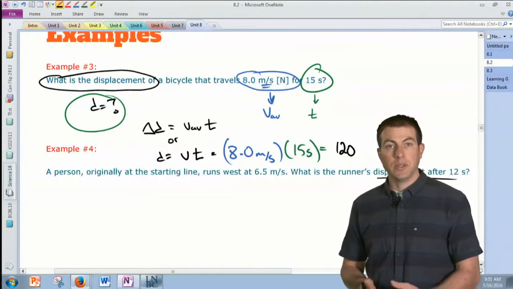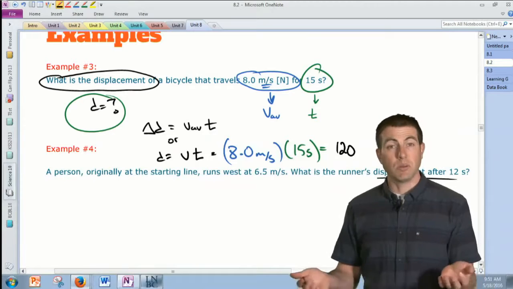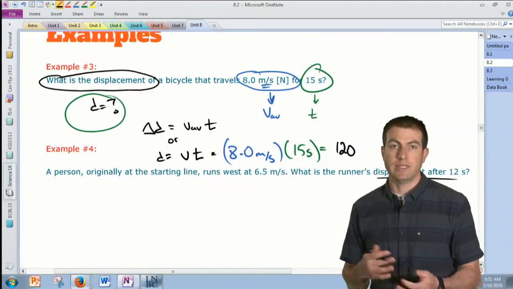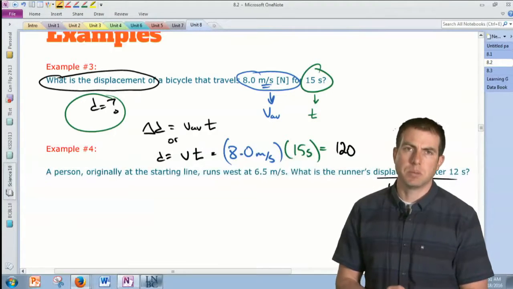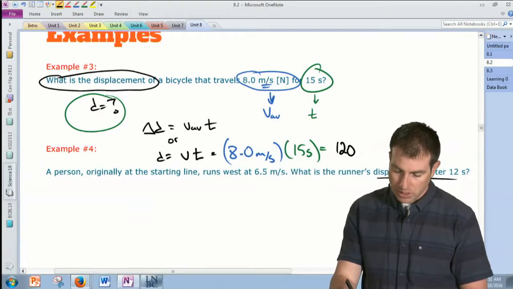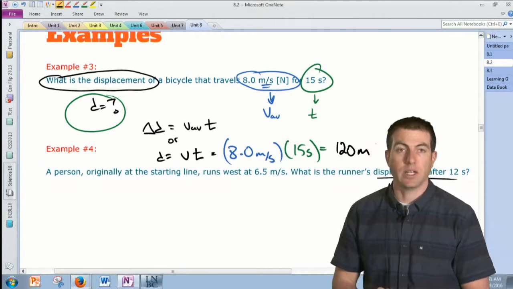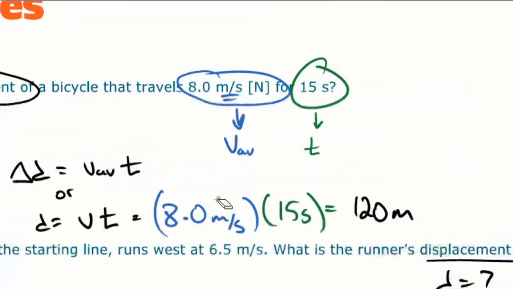Now, think about our units. I'm multiplying meters per second times seconds, and I'm looking for an answer of a distance, how much displacement, I should say. What was the displacement? So I should have an answer in meters. And that's the unit I was given in the question, meters.